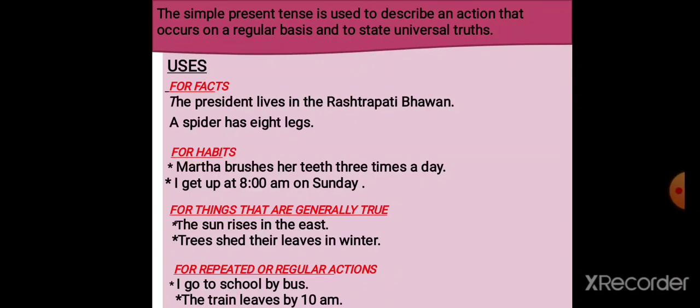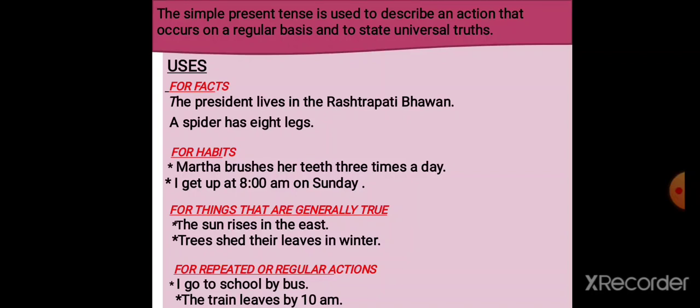Simple present tense is used for facts, like the president lives in the Rashtrapati Bhavan, a spider has 8 legs. Then for habits, like Martha brushes her teeth 3 times a day, I get up at 8 a.m. on Sundays.